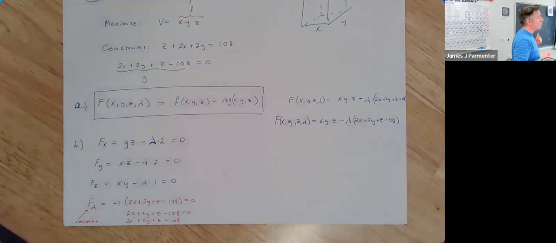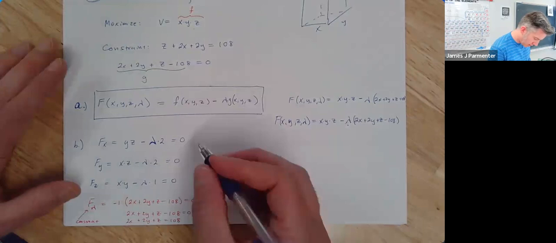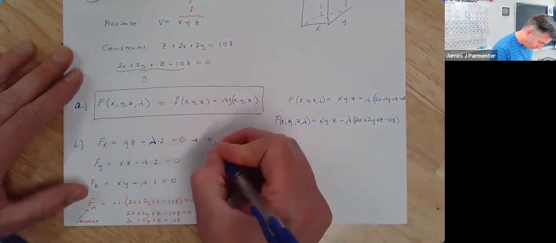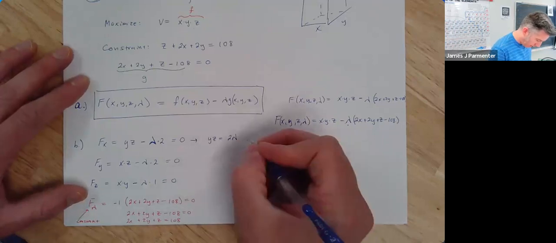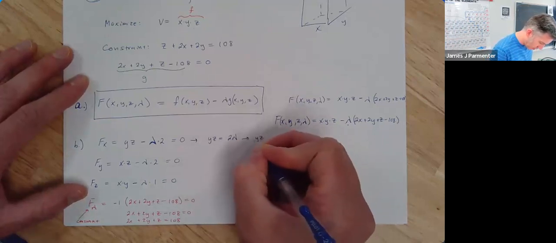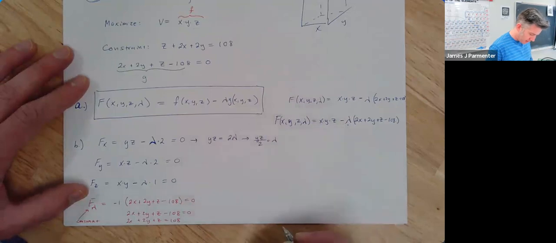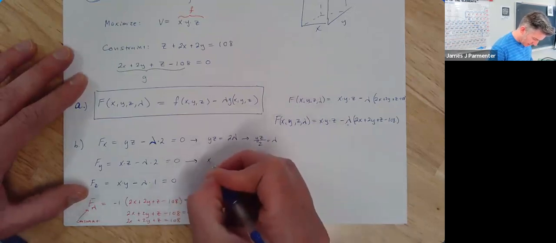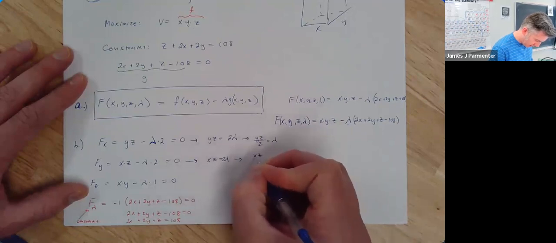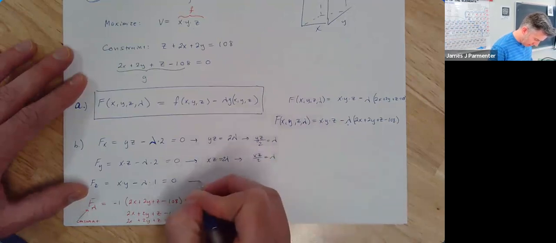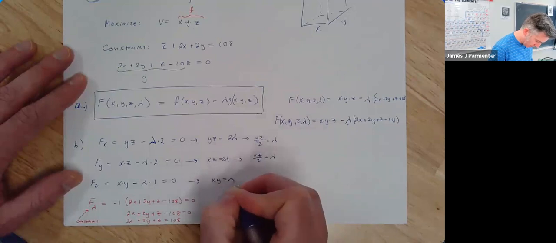I'm going to show you what I usually do, which is I usually solve all of my equations for lambda. So I'm going to take this and say, okay, yz equals 2 times lambda, and then yz divided by 2 equals lambda. I'm going to take this equation and say xz equals 2 times lambda, xz divided by 2 equals lambda. And here, xy equals lambda.